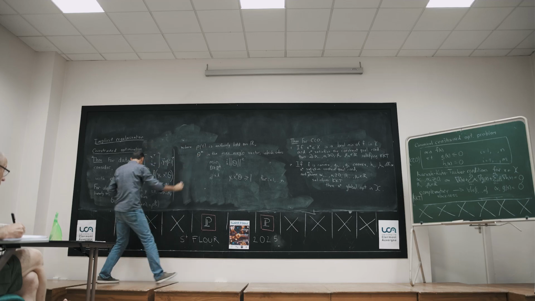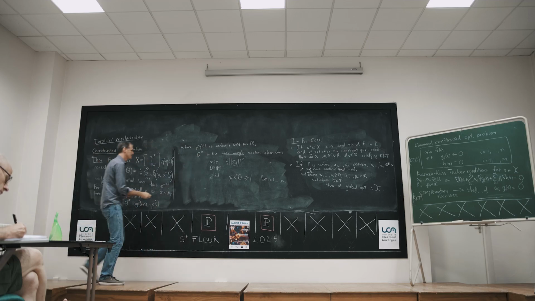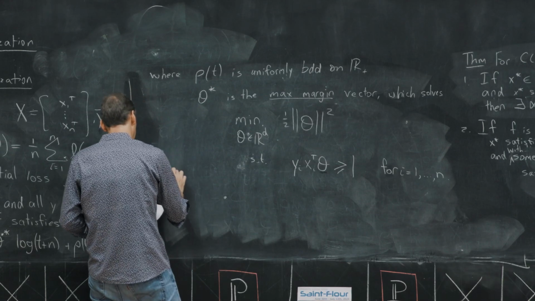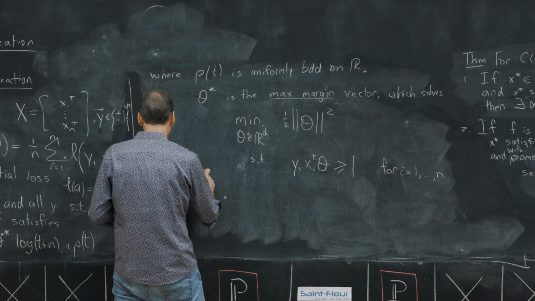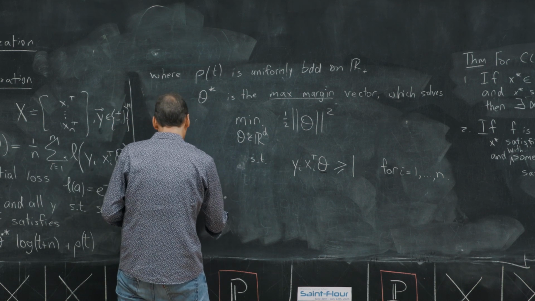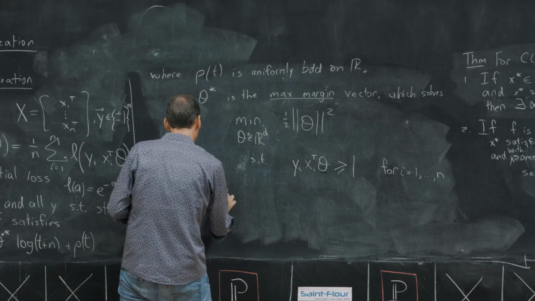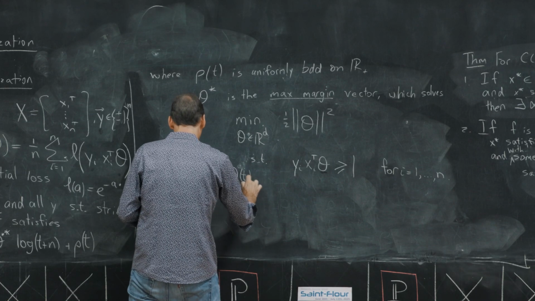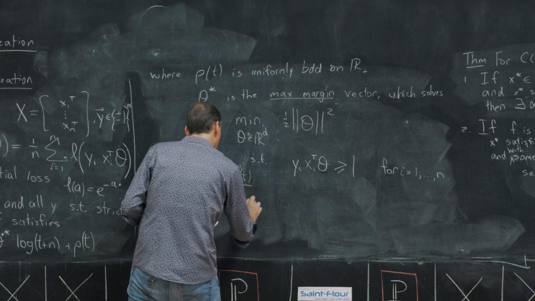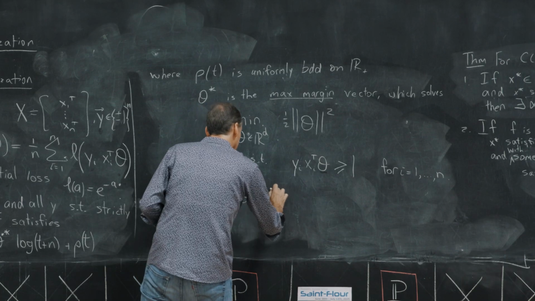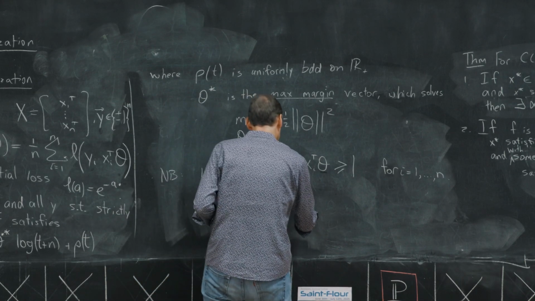And since this remainder is uniformly bounded, that tells us that as t goes to infinity, the theta t direction approaches the theta star direction.